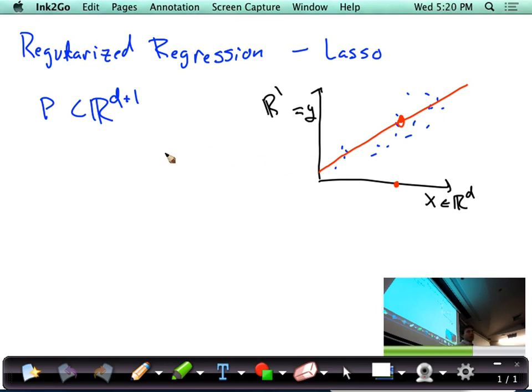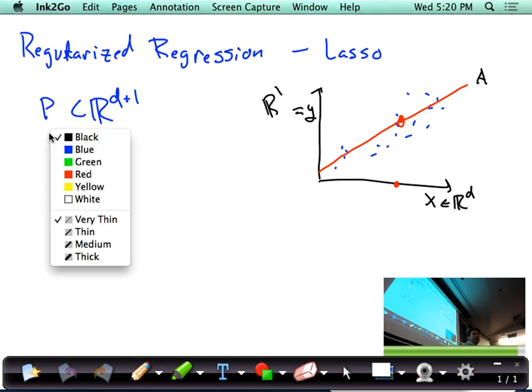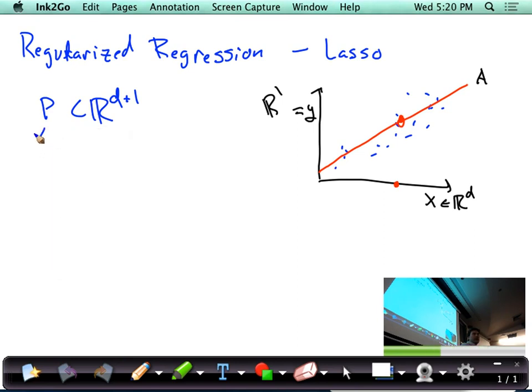The standard thing we talked about is finding this red line through here, and we'll call this line A. The way to model this is you break P into 2 parts, Px and Py. Px is in d dimensions, and Py is in 1 dimension.